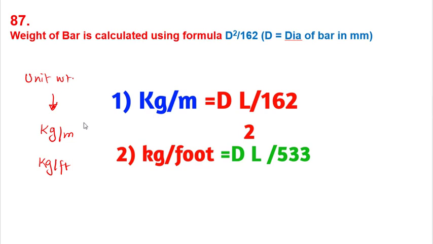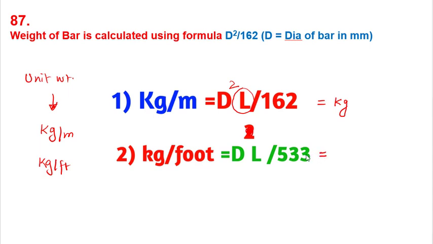If you are asked to find out the weight in kg per meter, then you will use d square multiplied by L divided by 162. Then after that you will get the answer in kg, because here you have already multiplied it with the length. Then you will get the answer in kg.